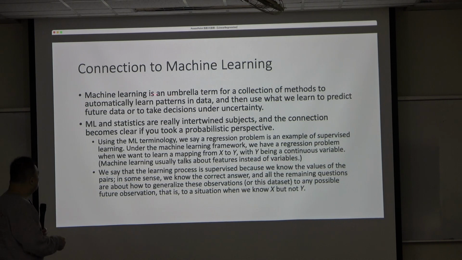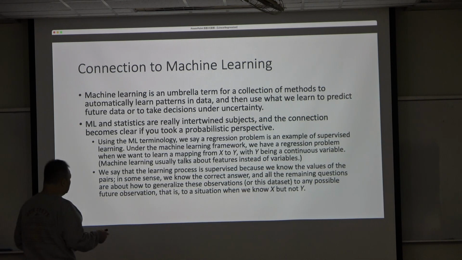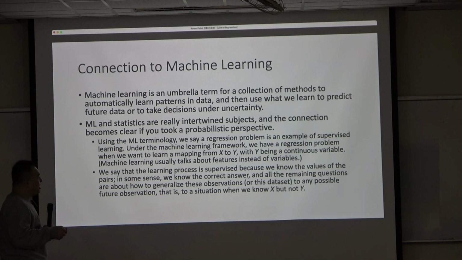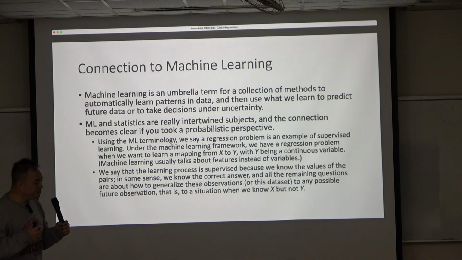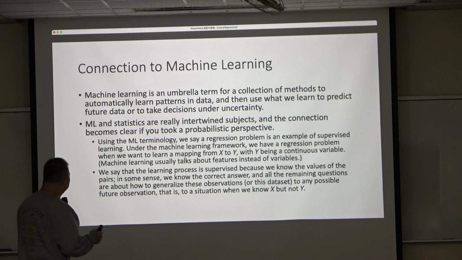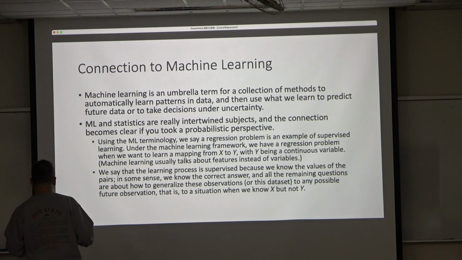Machine learning is an umbrella term for a collection of methods to learn patterns from data, and then use those patterns to predict the future, or to make decisions under uncertainty. So this is a very general definition of machine learning.